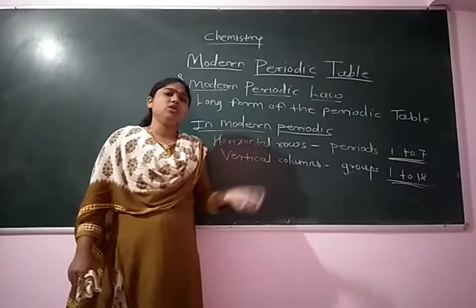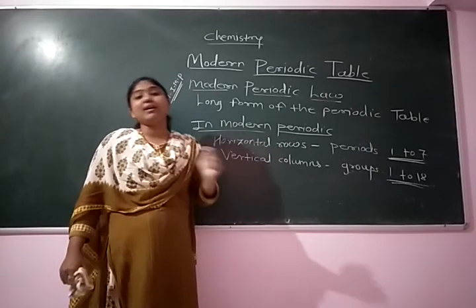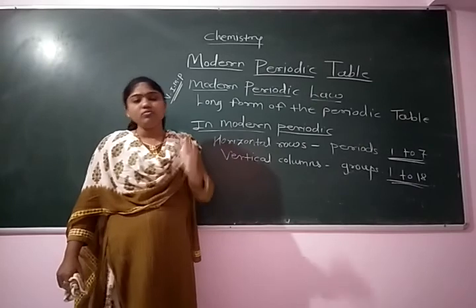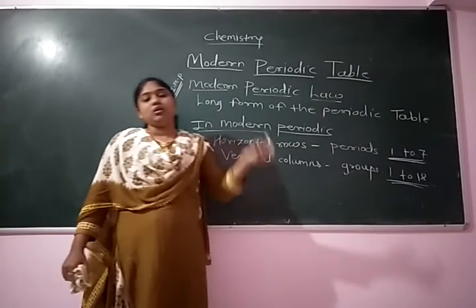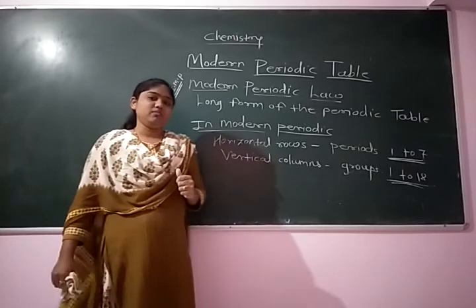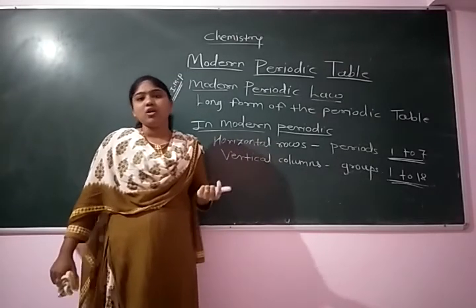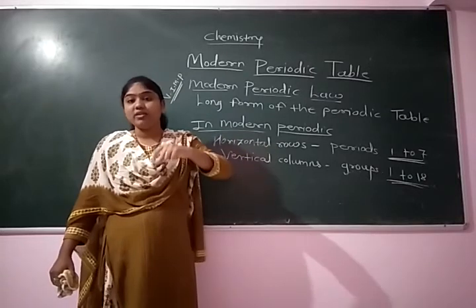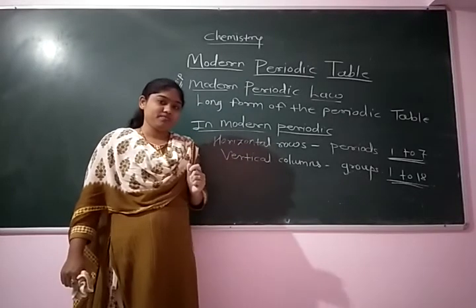It means that he showed that atomic number is a more fundamental property. Atomic number is a more fundamental property rather than atomic mass number, and he ignored atomic mass number.